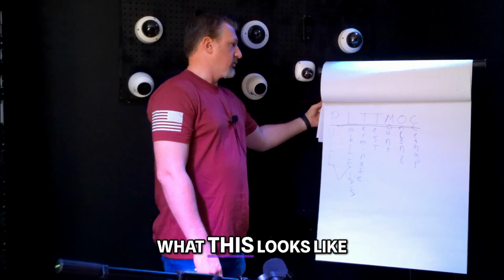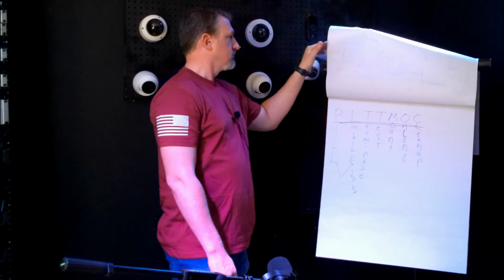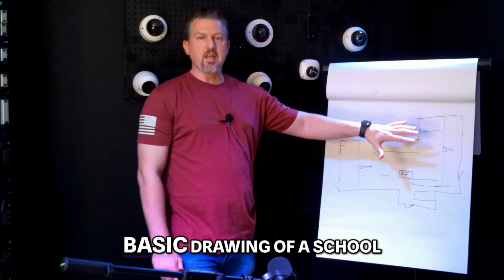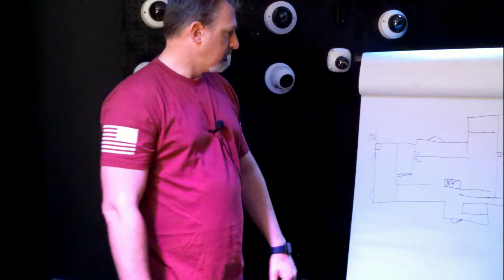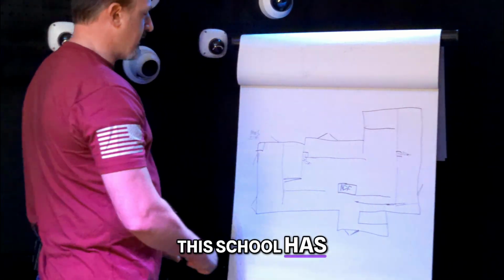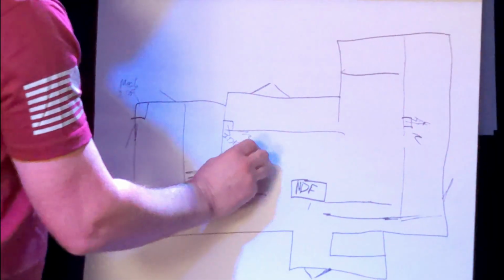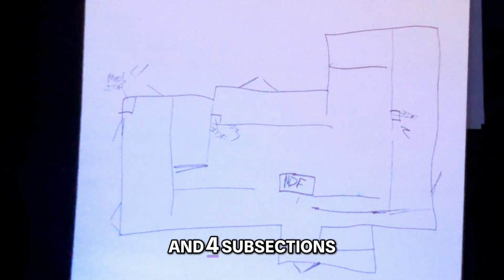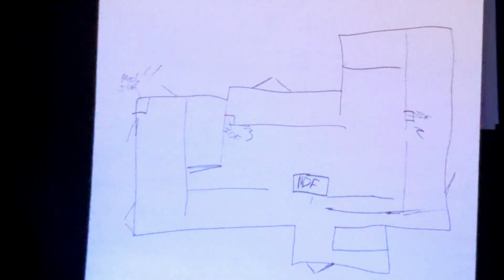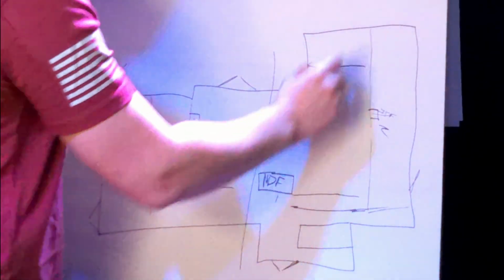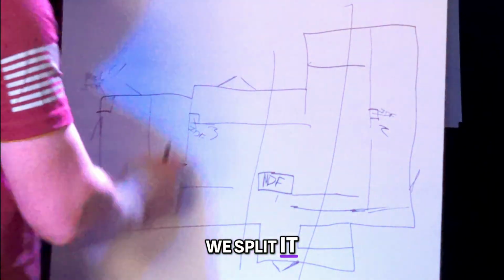I'm going to show you what this looks like. Here we have just a basic drawing of a school. This school has a main and 4 subsections. The way we do this is we take the main and we split it. We split it.